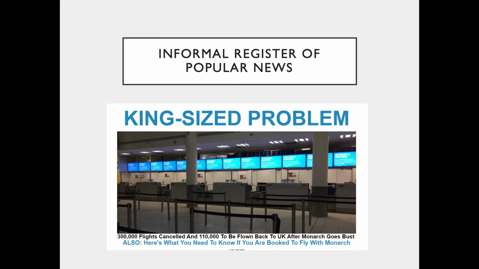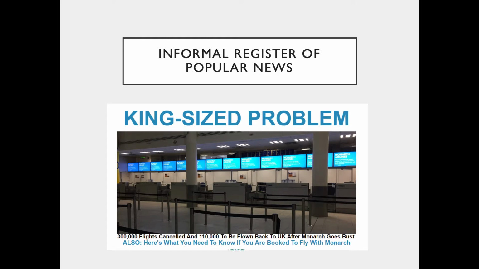Oh, and also before we move on, another feature of that informal register is that in the blue text at the bottom, we've got that contraction. Instead of "here is what you need to know," it's "here's." And also the fact that we, the reader, are being directly addressed.